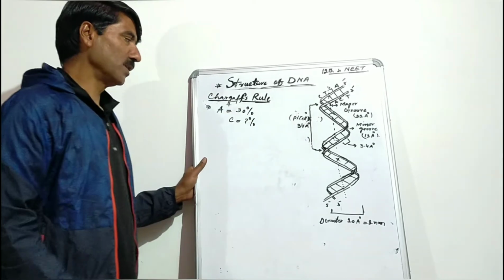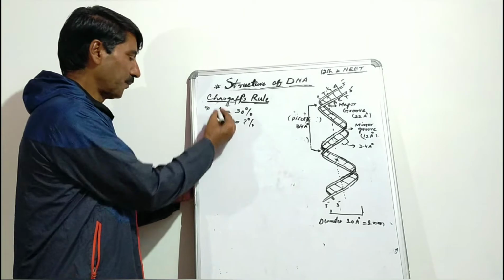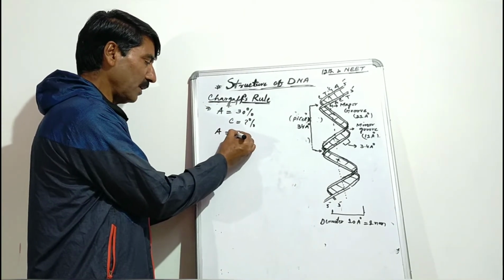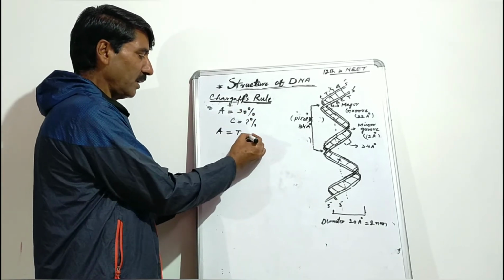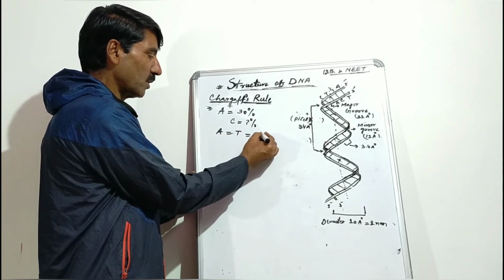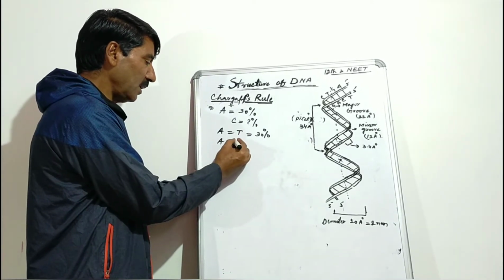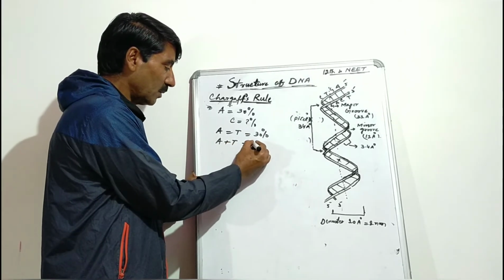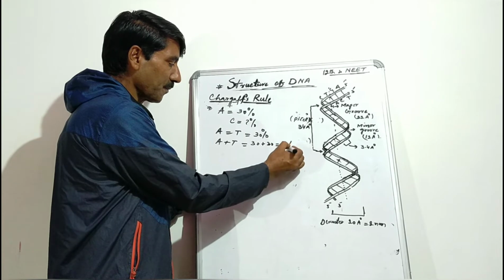Now such questions can be easily done with the help of Chergaff's rule. As we know, the amount of adenine is equal to amount of thymine. Then if adenine is 30%, definitely the thymine would be also 30%. So adenine plus thymine in that double-stranded DNA molecule would be 30 plus 30, that is 60%.